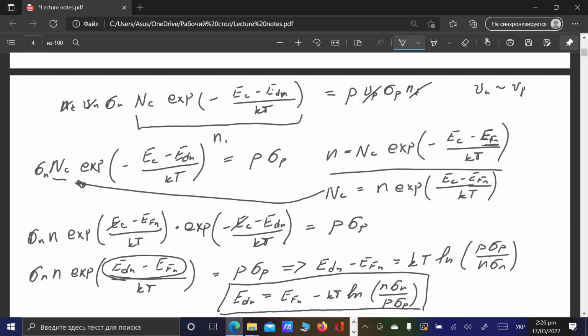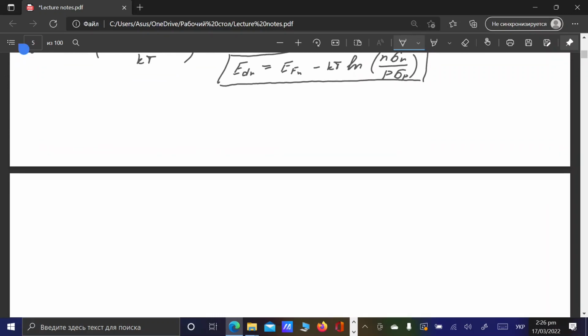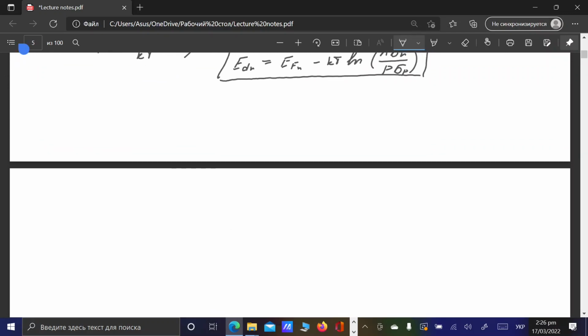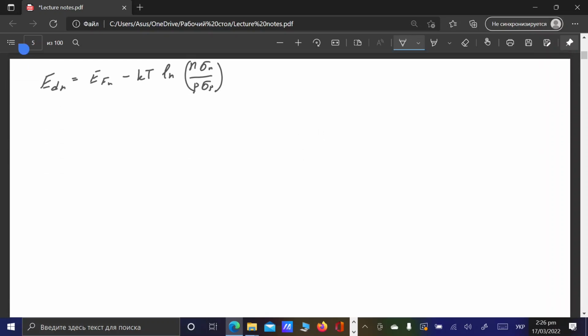So this same can be written for, so let me write it down here, so we have it on the next slide. So it's EDN equal to EFN minus KT times natural logarithm N sigma N divided by P sigma P. Following a similar derivation, we can write the expression for the demarcation energy level for holes.